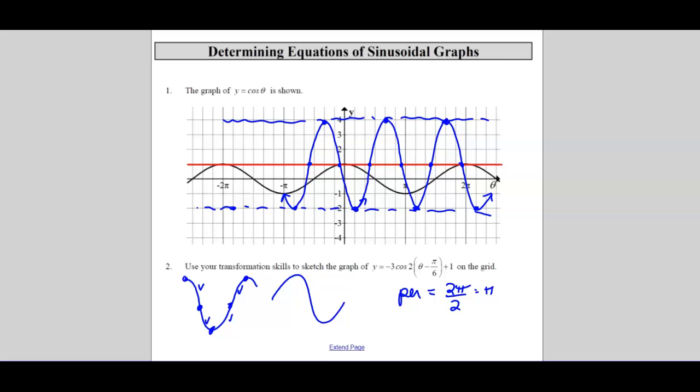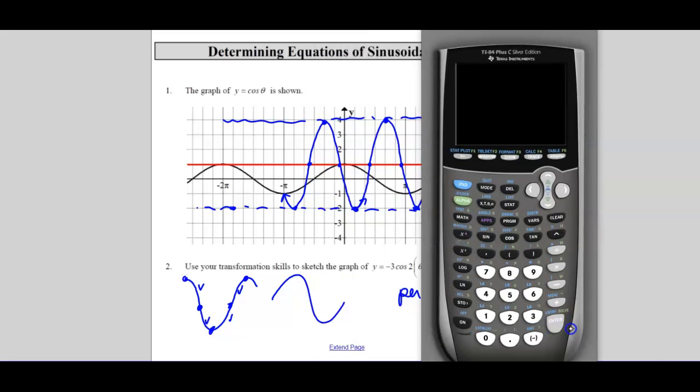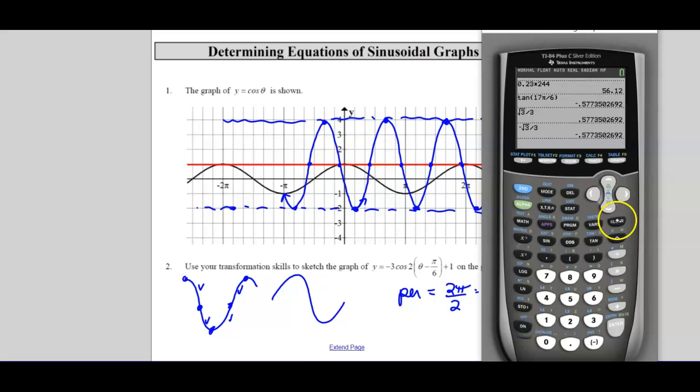Now, if you were to graph this to check, let's do that. So y equals -3 sin, the bracket opens, so it will be 2, open another bracket, x minus pi over 6, close 2 brackets, plus 1.